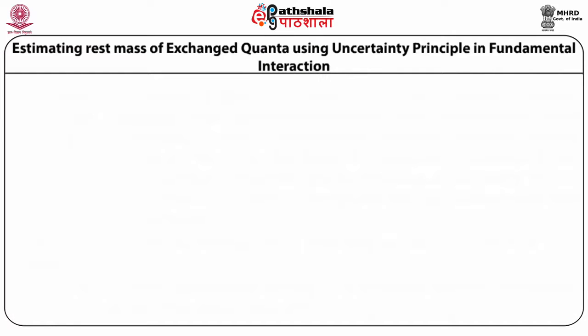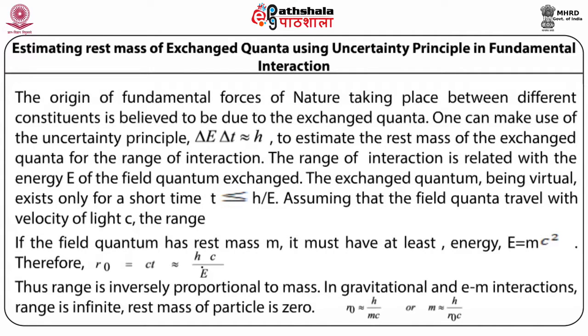Estimating rest mass of exchanged quanta using uncertainty principle in fundamental interactions. The origin of fundamental forces of nature taking place between different constituents is believed to be due to the exchange of the quanta.